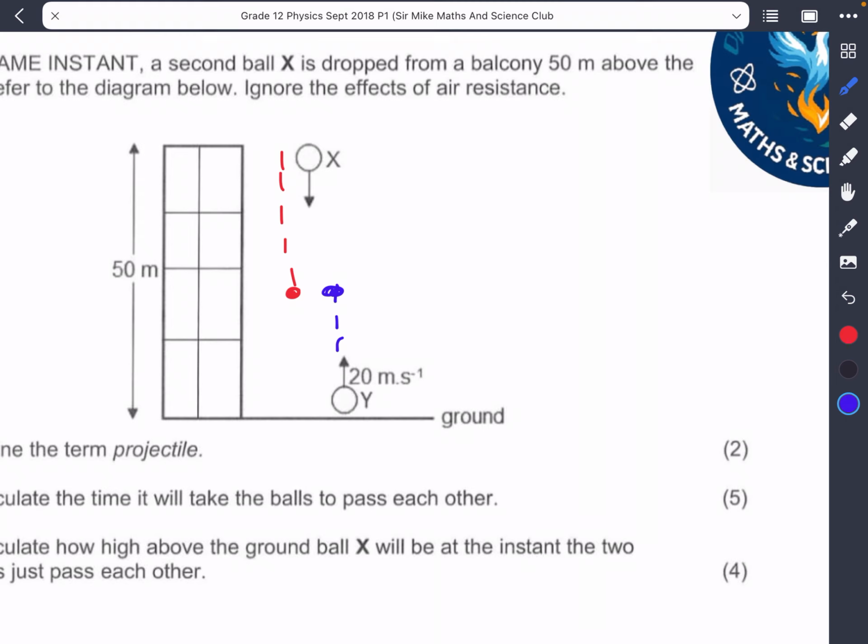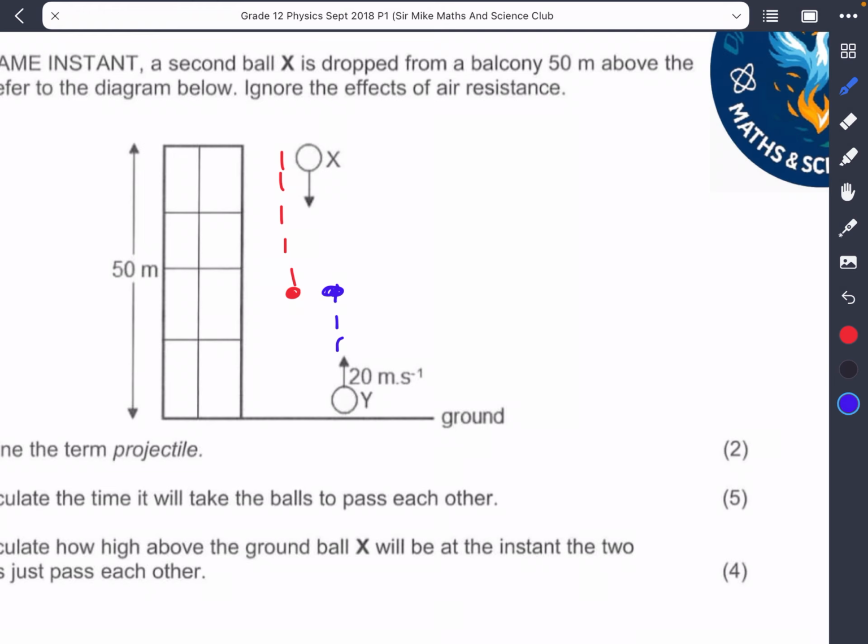The height above the ground when these two objects pass each other would be the same. And of course, the distance below the building, where they pass each other, would also be the same, since one is dropped from a certain height.